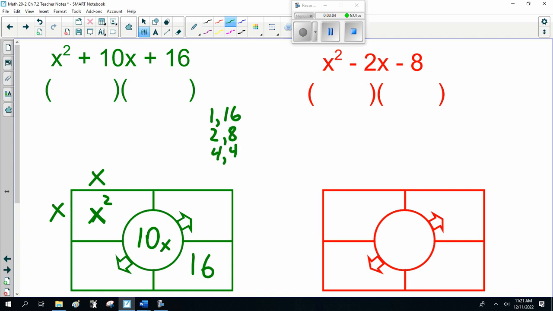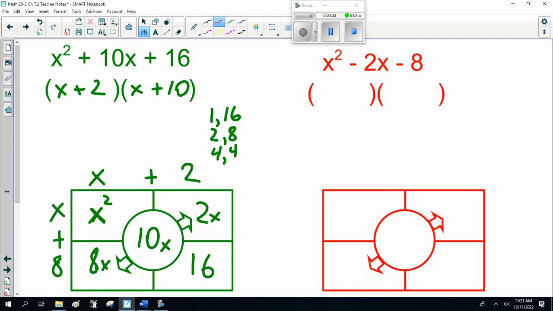Which pair add together to be 10? X plus 2 and x plus 8. And checking that, x times 8 is 8x. X times 2 is 2x. Yes, that adds together to be 10. So that's x plus 2 times x plus 8. Now, I did that rather quickly, but this is a review of Math 10C, and you should remember-ish. All right. Now, on to something slightly harder.